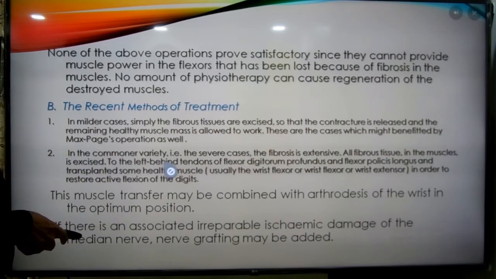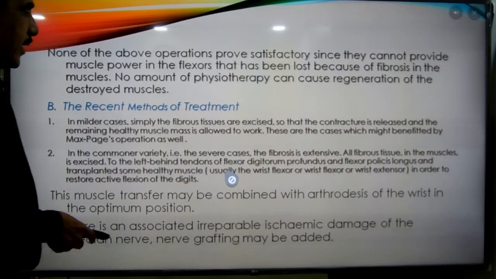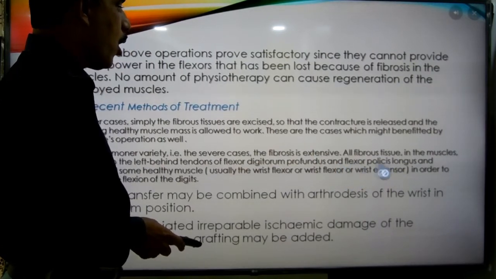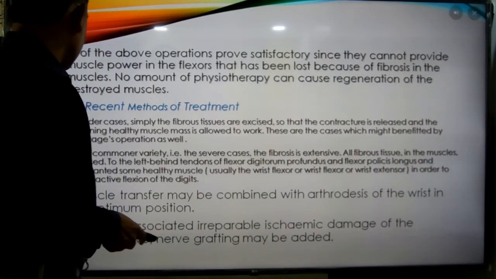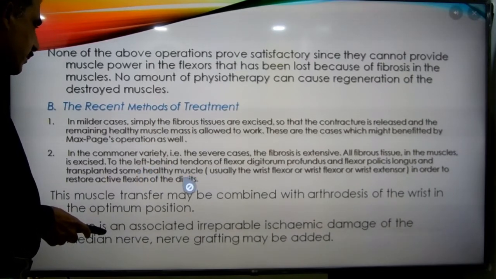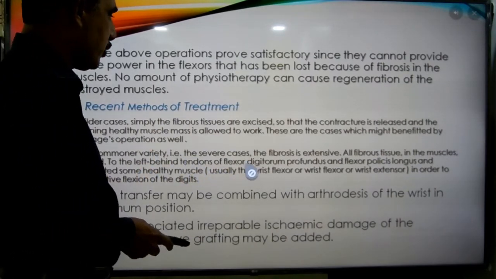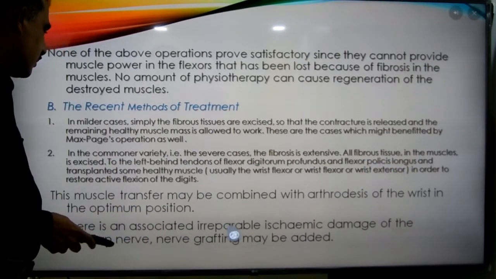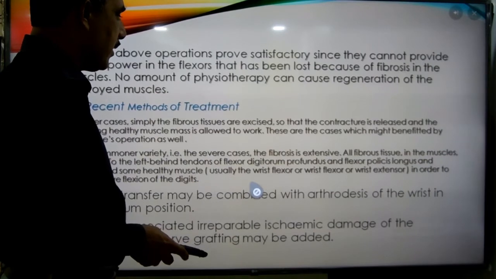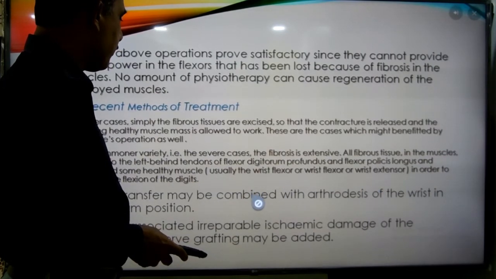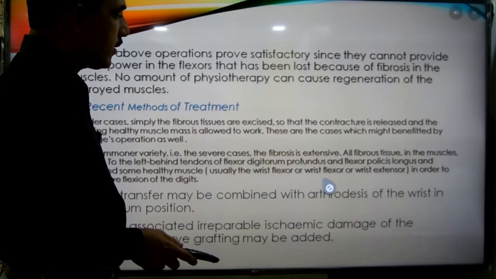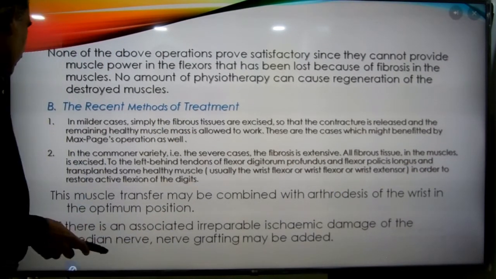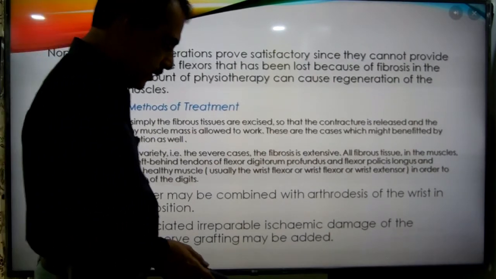Then second, in the commoner variety, that is in the severe cases, all fibrous tissue in the muscles is excised, leaving behind the tendons of the flexor digitorum profundus and the flexor pollicis longus, and some healthy muscles are transplanted, usually the wrist flexors or the wrist extensors, in order to restore active flexion of the digits.